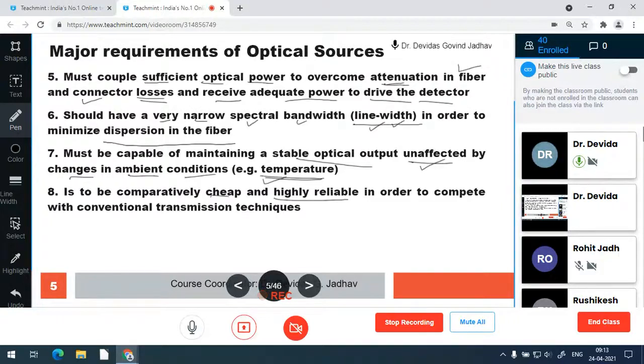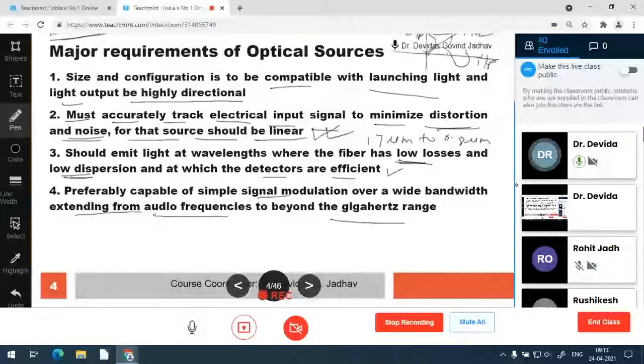So these are all the major requirements. Size and launching the beam is required. The size should be compatible with the optical fiber size. It should be linear to track accurately the electrical input with minimum distortion and noise.